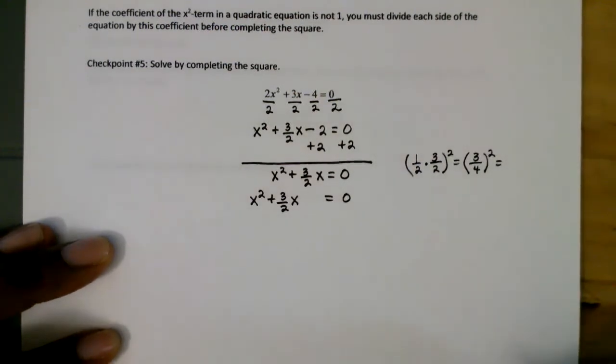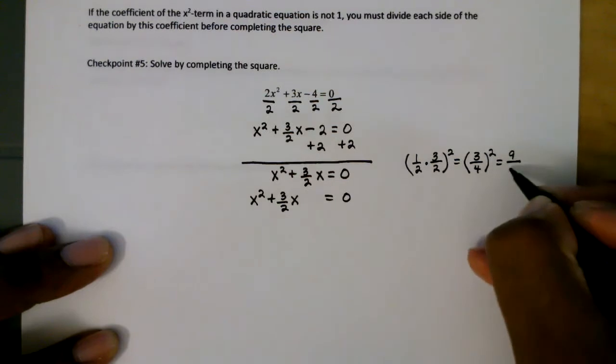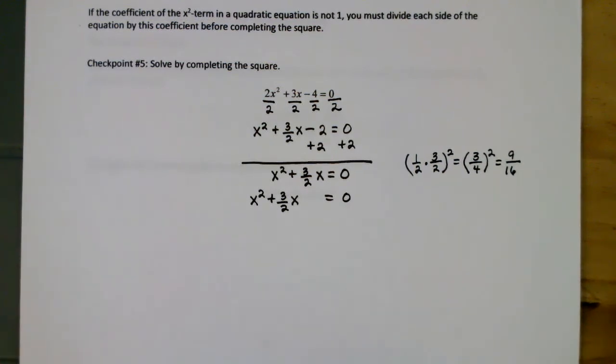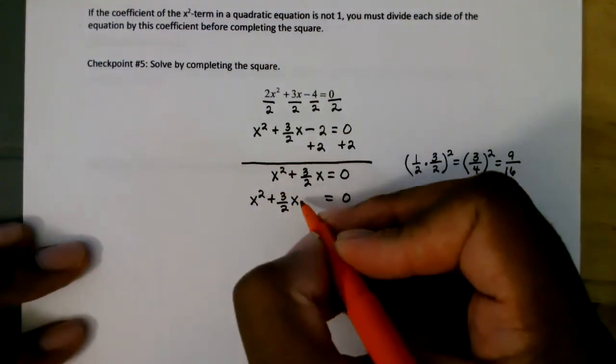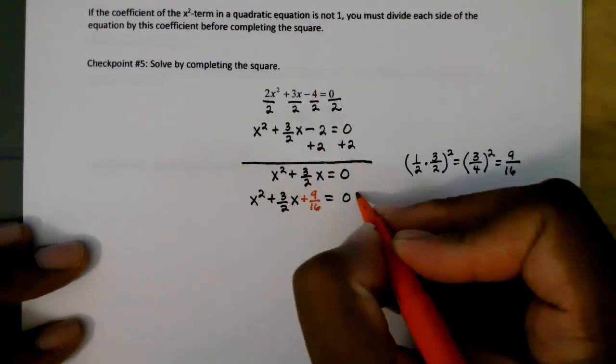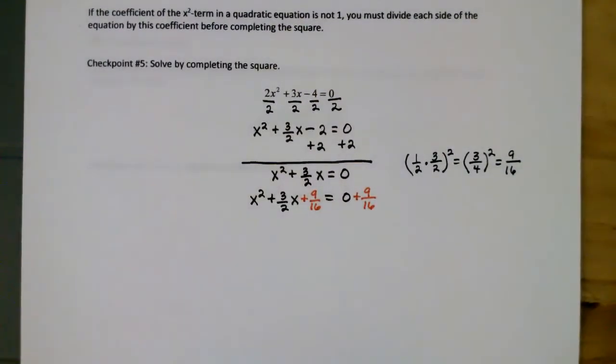So 3/4, and if I square that, 3 squared will be 9 over 4 squared, which is 16. So I'm going to be adding 9/16 to both sides of this equation. So this will be plus 9 over 16 here, and plus 9 over 16 on the right side. Whatever I do on one side, I must do the same thing on the other side.